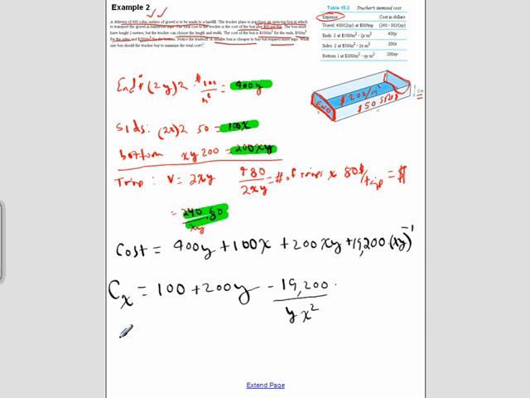And the partial derivative with respect to y, we have 400 plus 200x minus 19,200 over xy squared.